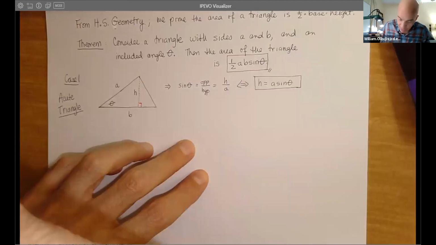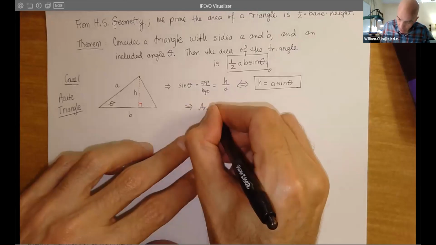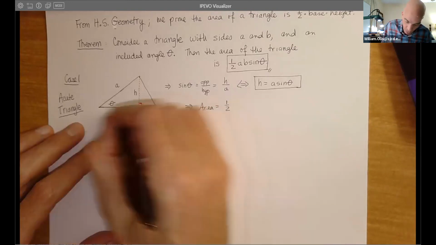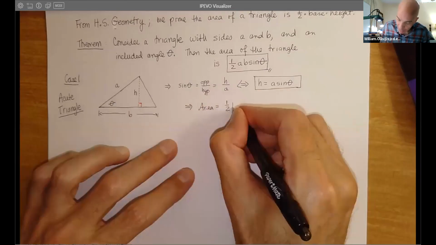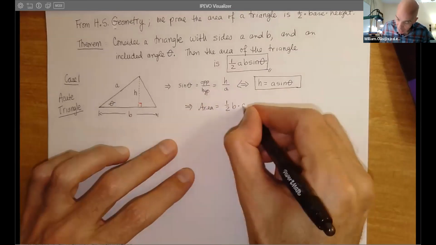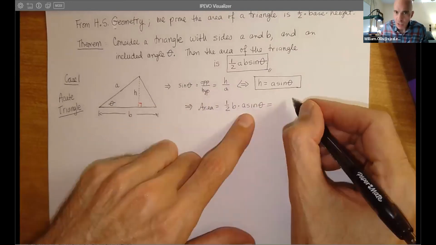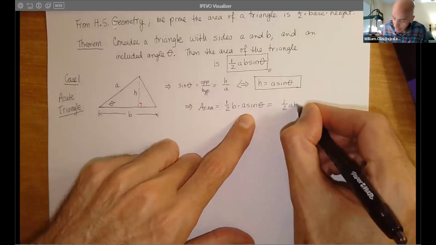So this implies that the area will be 1/2. And now, of course, here's the base right here. Just go ahead and mark it off. There's the base, B. So we get 1/2 base times A sine theta. And then, of course, we make it look nice because we want to put it in a book. So we have 1/2 AB sine theta.